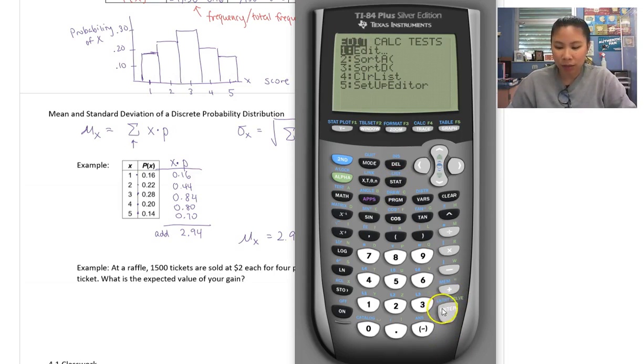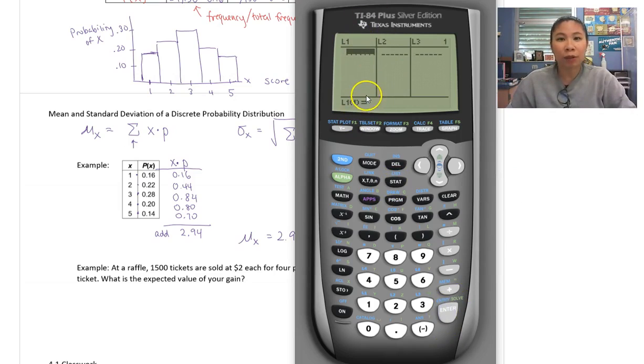We want to edit, so hit enter. In L1, you're going to type in all your X values. For us, that was 1, 2, 3, 4, 5. In L2, you're going to type in all your probabilities. And remember, they have to be in the same order as your X values. The first one was 0.16, the second one was 0.22, 0.28, 0.2, and 0.14.